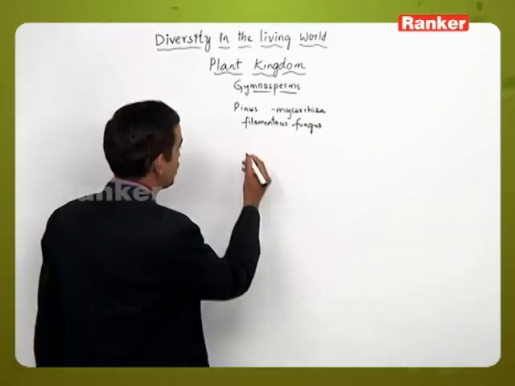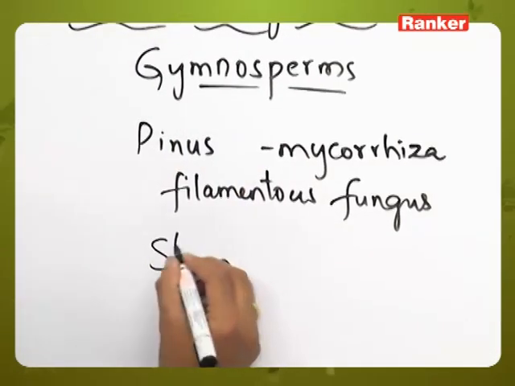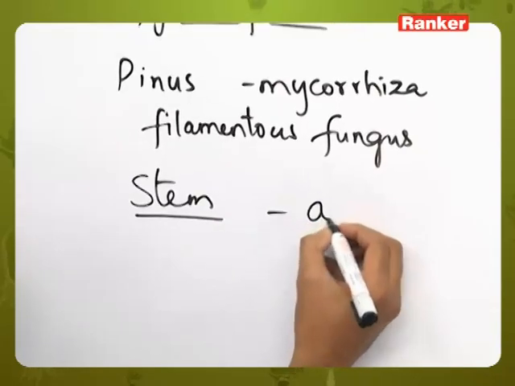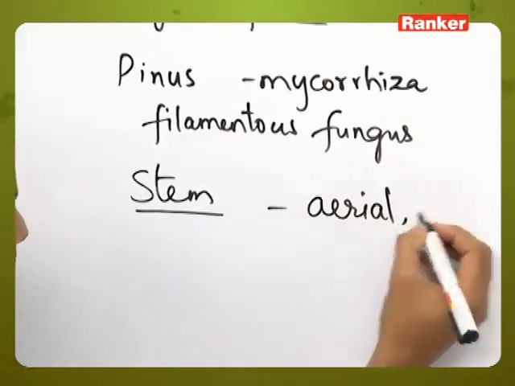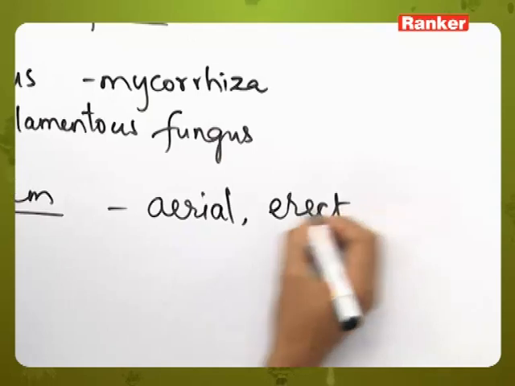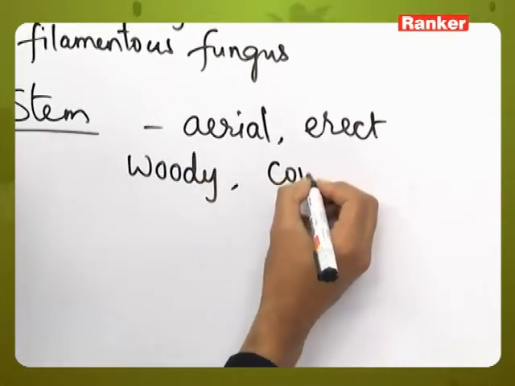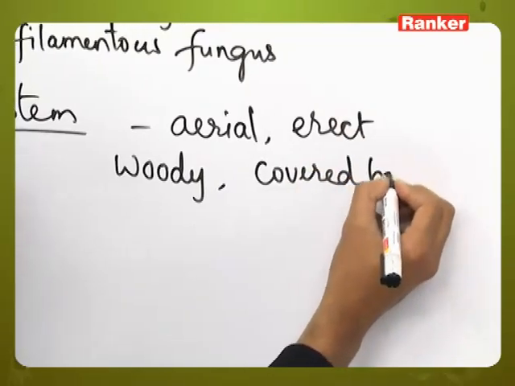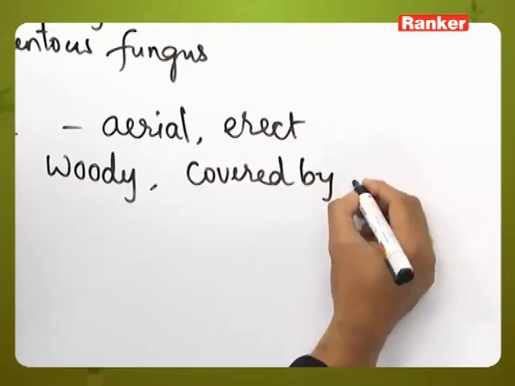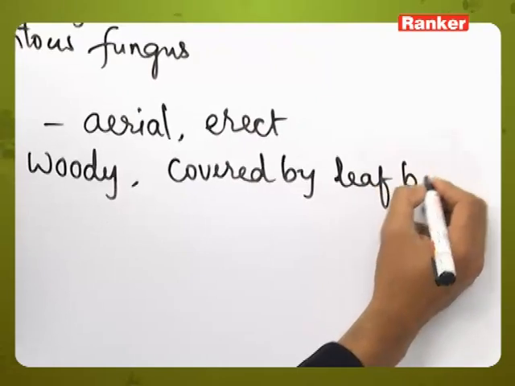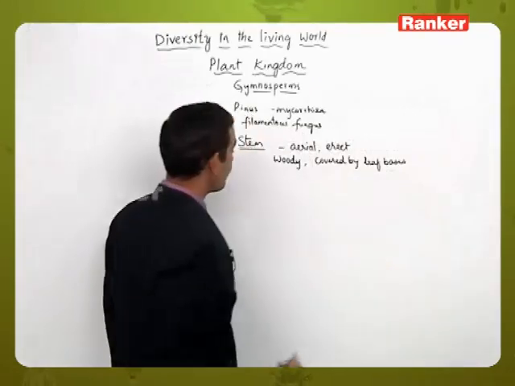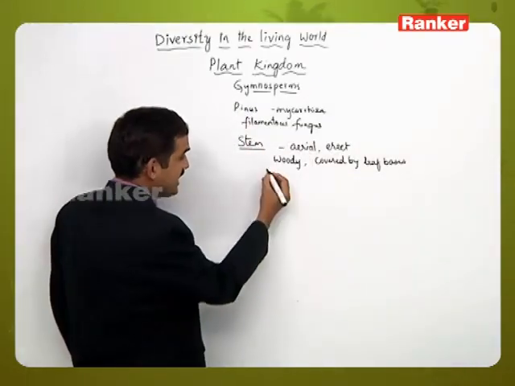Then stem. Stem is generally aerial, erect, woody in its nature, and covered by leaf bases in some of the members, and it is stout.